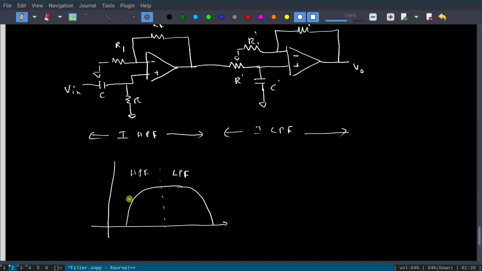So a high pass filter with cutoff frequency F1 and a low pass filter with cutoff frequency F2, if you cascade those two, you will get a band pass filter with bandwidth F2 minus F1. So first you decide what F1 and F2 are, then you take a high pass filter with F1 and a low pass filter with F2.